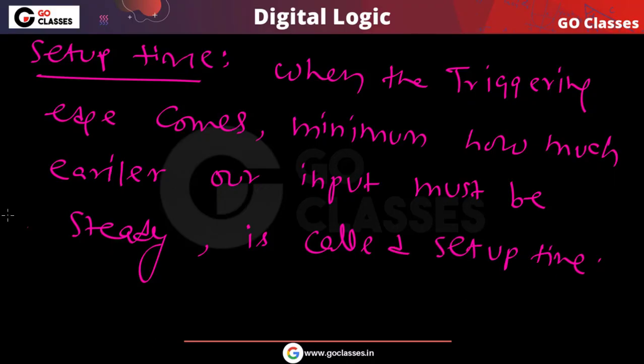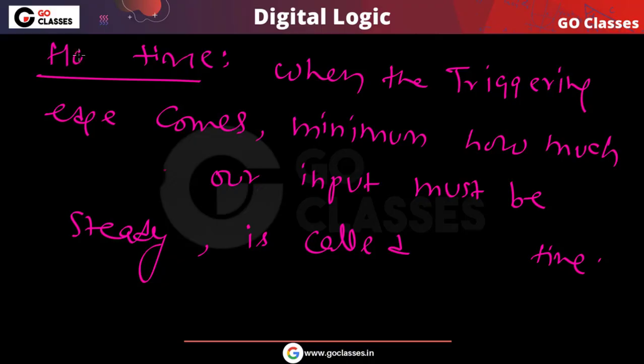Similarly, we can define something called hold time. So what is the hold time? Hold time means when the triggering edge comes, the minimum time after that our input may change.